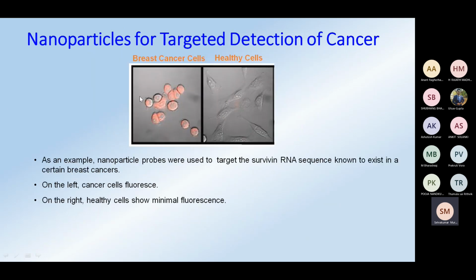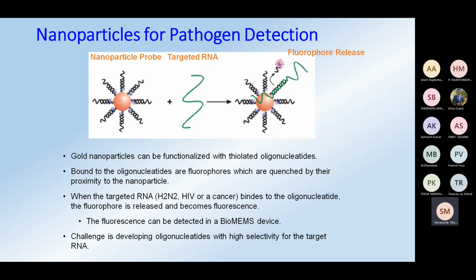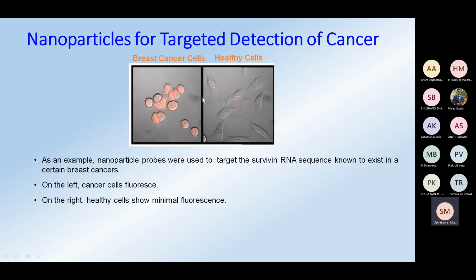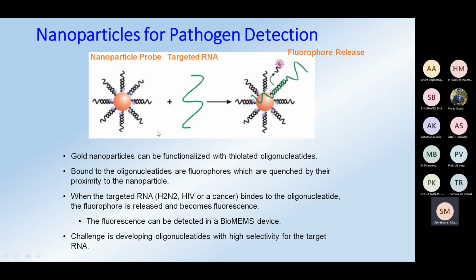With the help of a microscope, you can detect what is coming out. If a fluorescent signal comes from your sample, that means the sample has a pathogen or certain RNA sequences. Depending upon the intensity of the signal, you get to know how intense the disease is in your sample or the body.